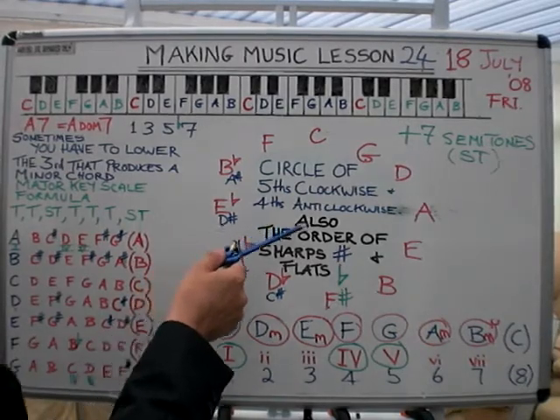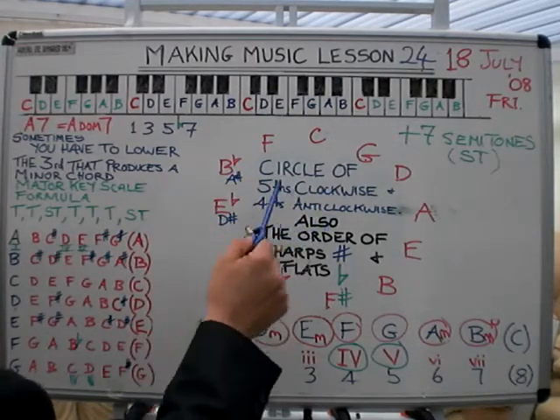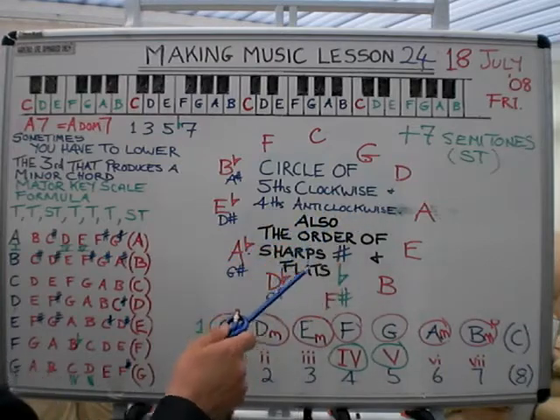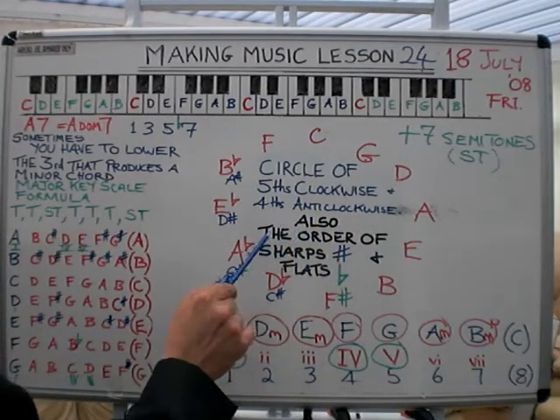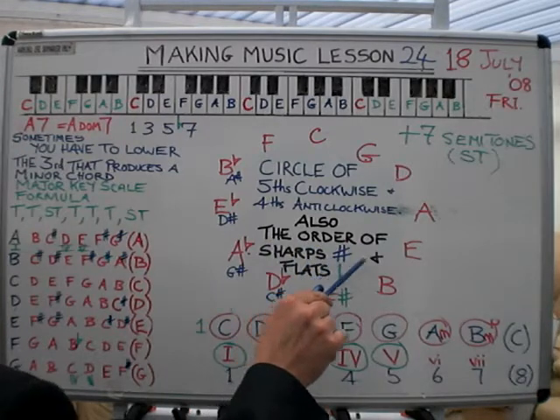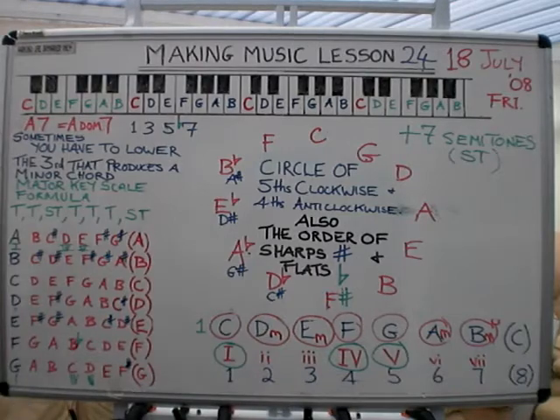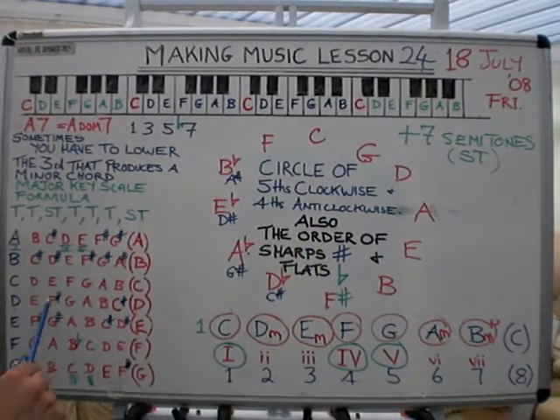Now, although it's called the circle of fifths clockwise and circle of fourths anti-clockwise, it can also be used for the order of sharps and flats. What does that mean? Well, I'll have to take you back here.